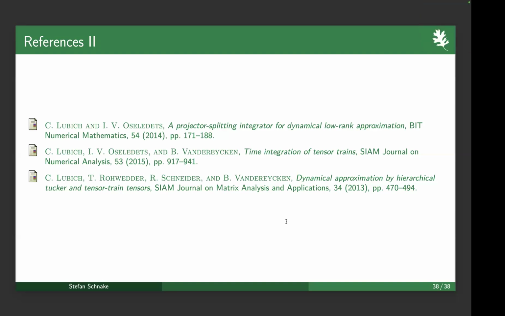I have a quick question. I was wondering how expensive the projection steps are and how much error you can tolerate. For example, maybe a noisy projection, is that something that you can tolerate, or does it really have to be exact? No, it's robust to noise. I have a work on rank adaptivity where we use a randomized SVD as an error estimator, and it's pretty robust to that.